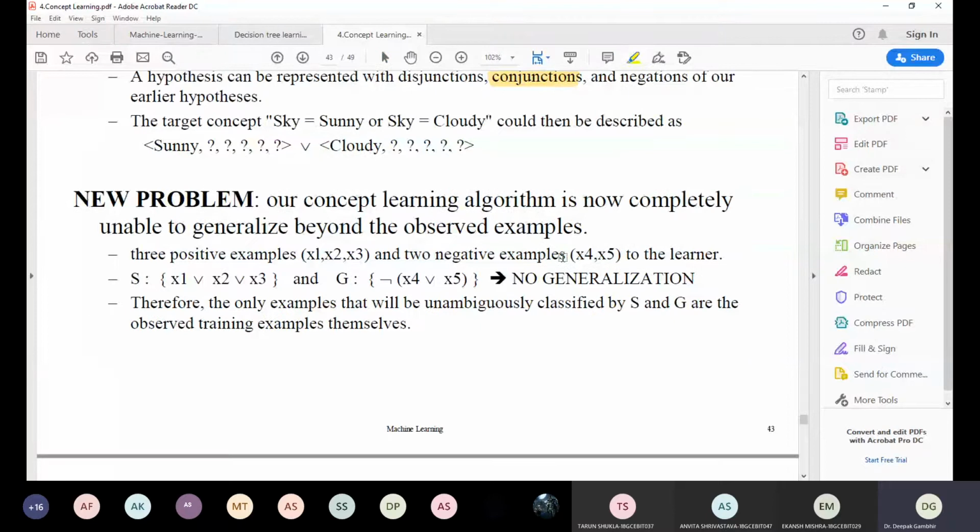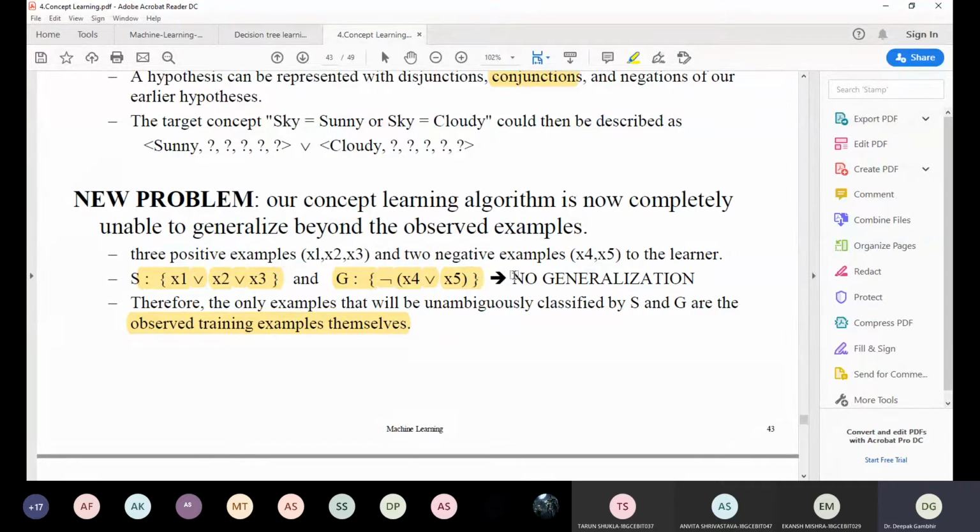And from this, we came to know that we come under a new problem, in which we are learning the things given in the training examples very accurately. We are learning them very beautifully, but the things outside the domain of the learning examples, we are not able to learn them.